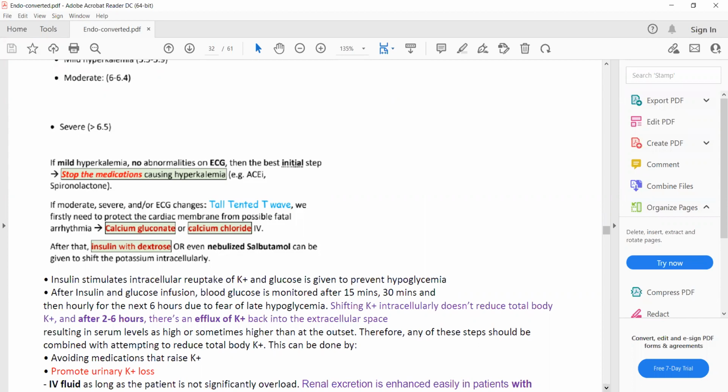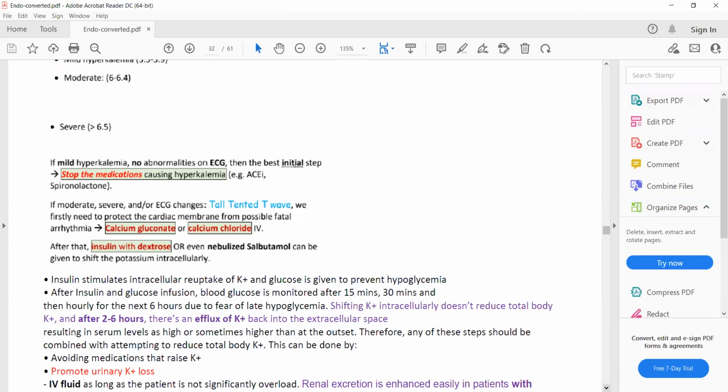By giving calcium gluconate or calcium chloride, because calcium ions are membrane stabilizers, or they stabilize the cell membrane potential. So the initial step will always be to protect the cardiac membrane by giving calcium gluconate or calcium chloride IV.